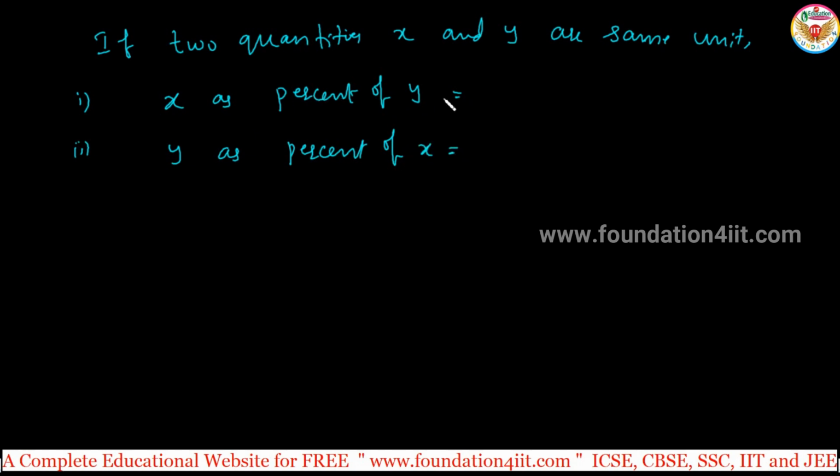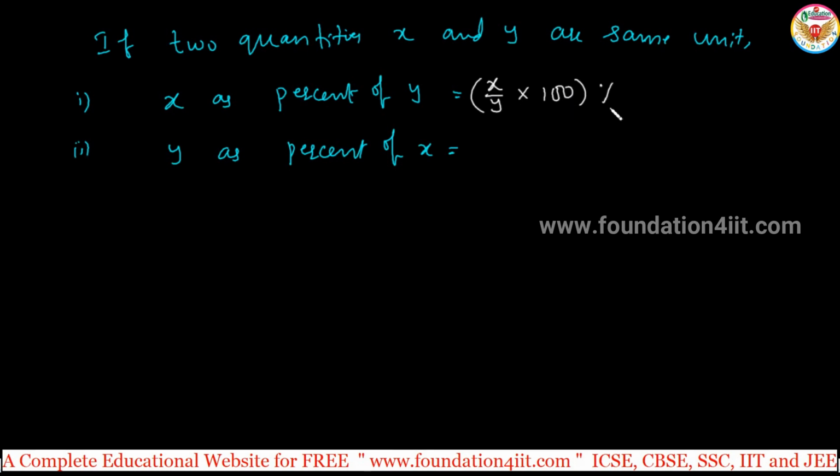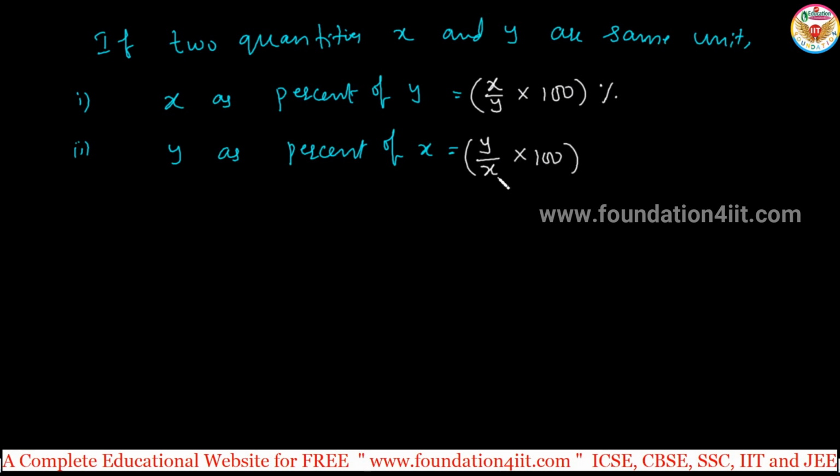First one, x as percent of y means x divided by y into 100, simplify, keep the percentage symbol. Next, y as percent of x means y by x into 100. Okay, this is the way you can express one quantity as the percent of the other. This part you can remember.